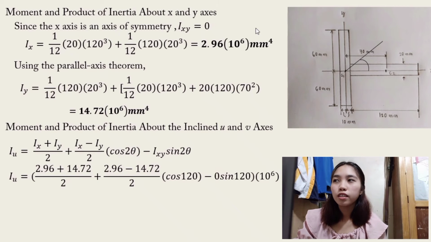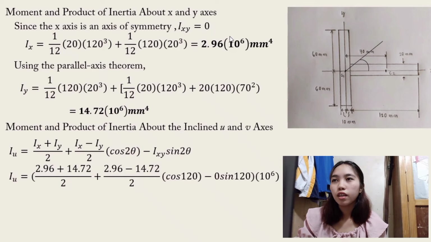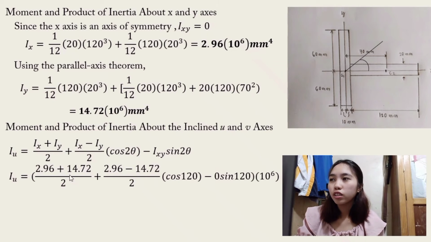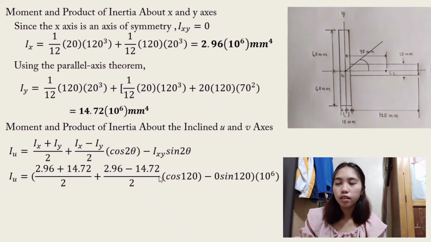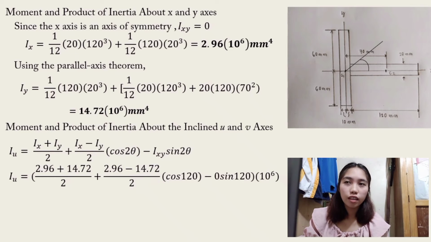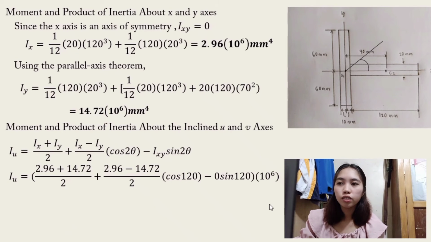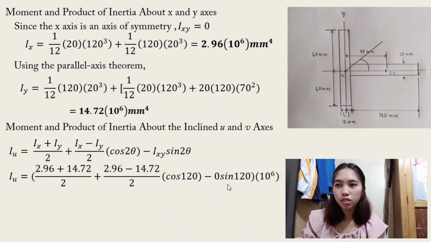The inertia of x is 2.96 times 10 raised to 6 millimeter to the fourth, plus 14.72, which is the inertia about the y-axis, and the value of theta is 60 degrees. So 60 times 2 equals 120. I of xy is 0, so the sine 120 term is basically 0.